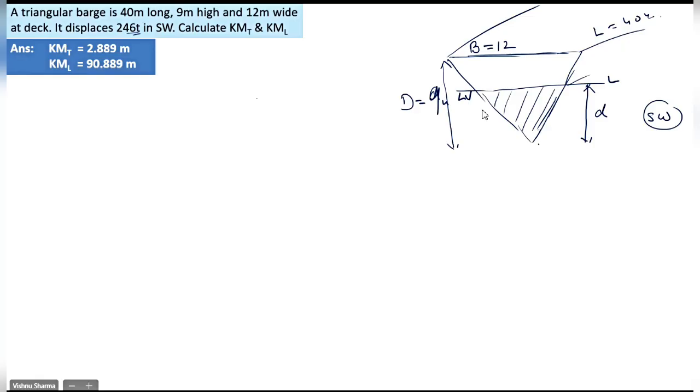Yes, sir. And if I multiply that volume with the density, will I get the displacement? Yes. Now to get the area of the shaded triangle, I need to get this value B. Without this, I cannot get the area of the triangle. Correct, beta? Yes, sir.